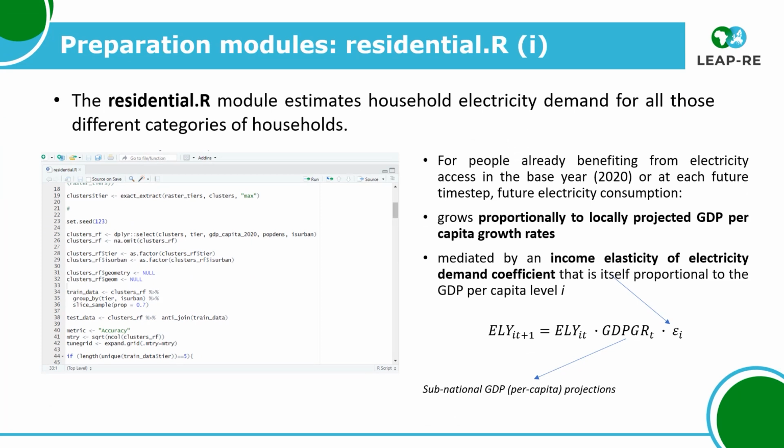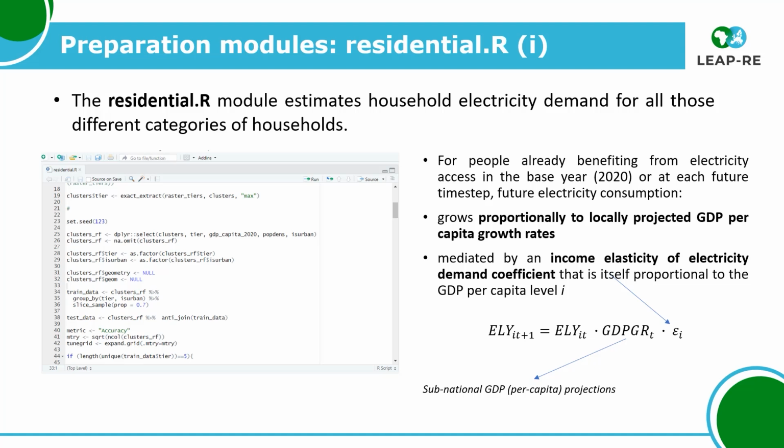Note that the residential module estimates demand evolution for those that already have access proportionally to the locally projected GDP per capita growth rate, mediated by an income elasticity of electricity demand coefficient. So basically, this is a standard approach in energy economics, that the change in electricity demand responds to a certain elasticity factor.